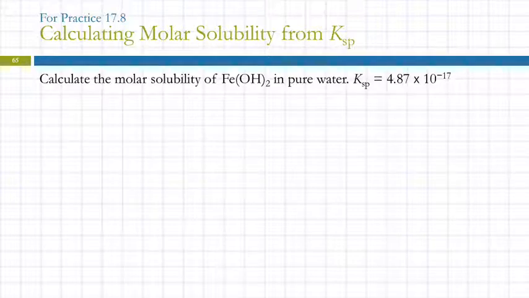Let's calculate the molar solubility of iron 2 hydroxide in pure water, and we're given the KSP. We're going to start out by writing a balanced chemical equation for the dissociation of iron 2 hydroxide.